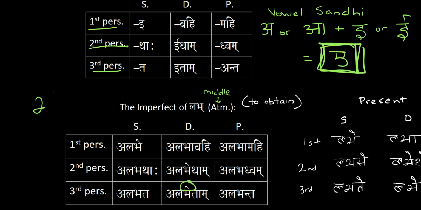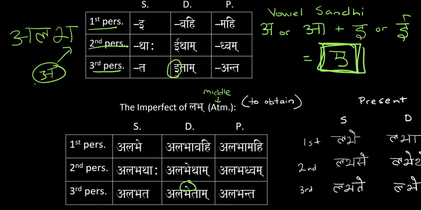You're ending up with alabha, right? And then the a is being combined with the i in itam, and it ends up becoming alabhetam instead of alabhitam, because you have the a at the end of this base here.